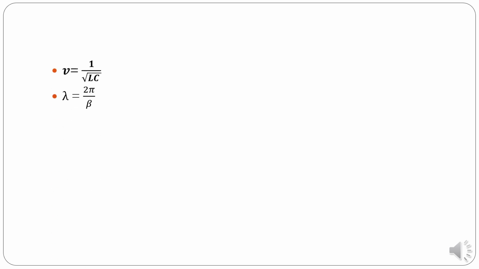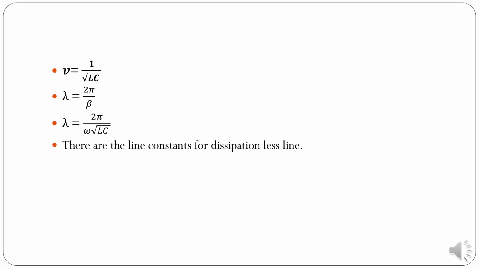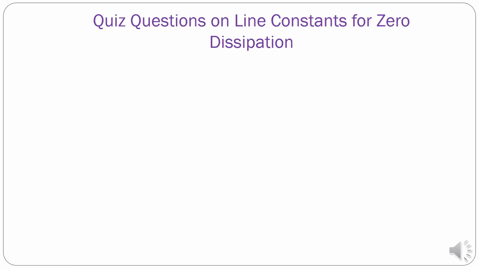And here lambda is equal to 2 pi by beta. Already we know the wavelength is the distance traveled in 2 pi radians, which gives you the velocity of the line. If you substitute here, lambda is equal to 2 pi by omega root LC, so here you will get the value of wavelength. These are all the line constants for the dissipationless line.